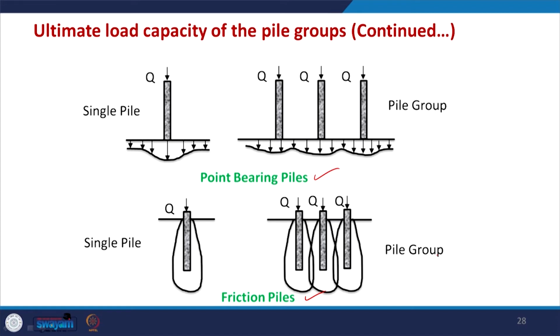While in the case of friction piles, you have a pressure bulb for a single pile, and for the pile group there is overlapping: here 3 pressure bulbs are there, one for each single pile, and they overlap each other. So, here the settlement is going to be higher for the group of piles.